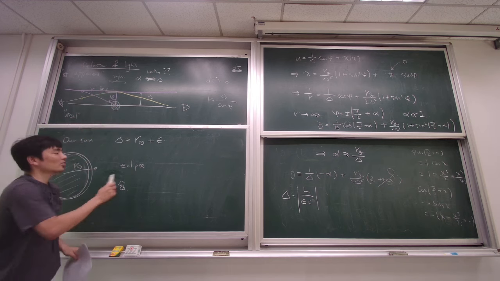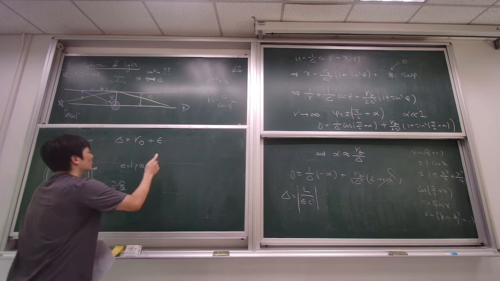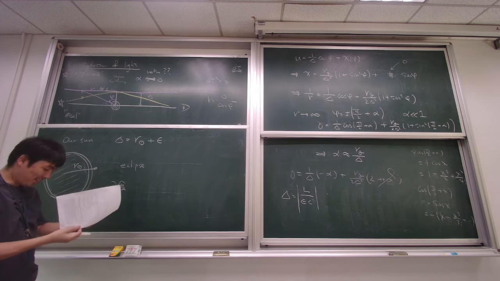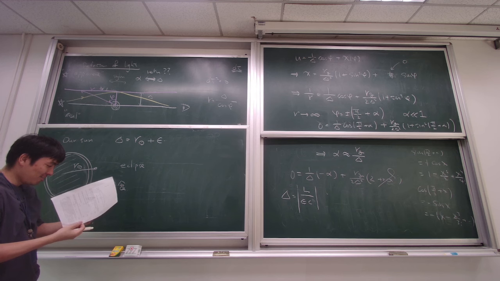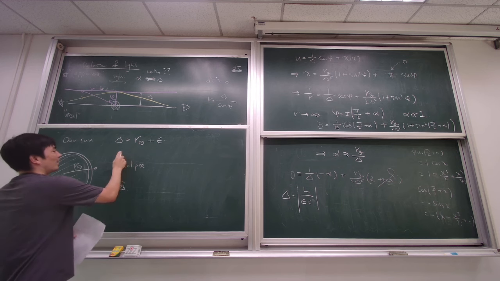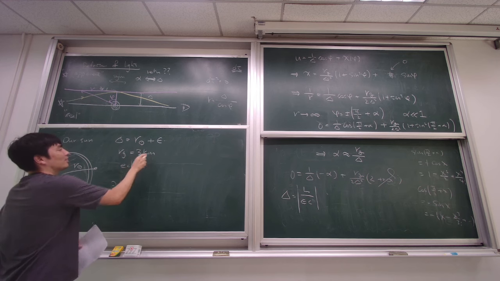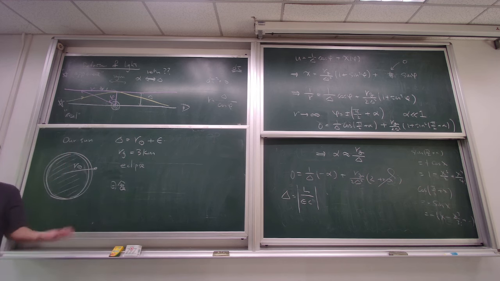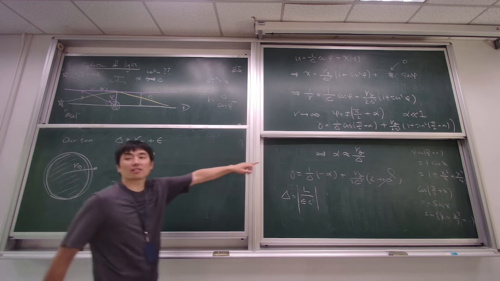But as I mentioned, this one is very big. I don't know the radius of the sun, I think you can just search. And then RG is again 3 kilometers for the sun. So if you use our sun to measure this deflection of light, this RG over delta is very small.